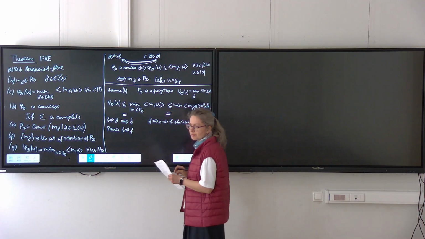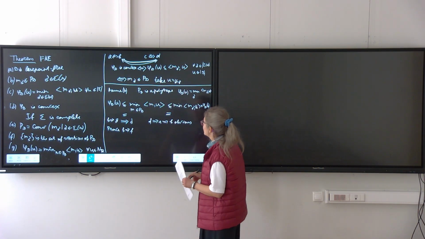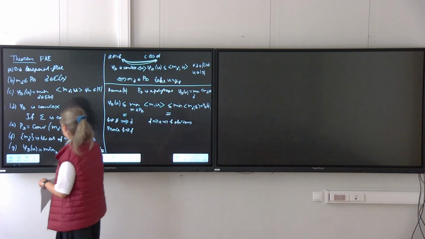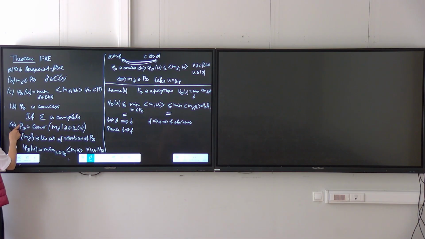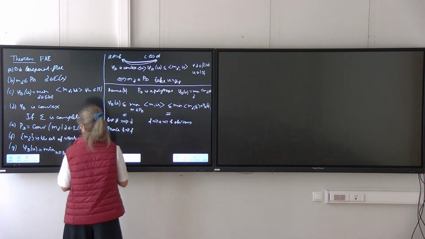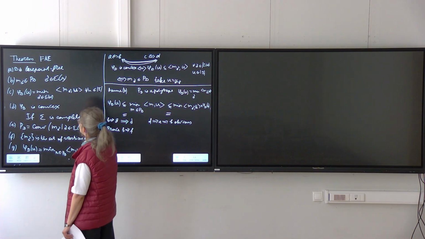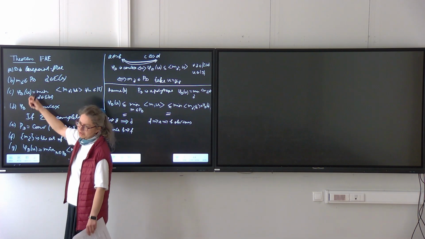Okay? Just formally, if m sigma is the set of vertices, then PD is the convex hull of these points. And if P is the convex hull of these points, then all these points belong to PD.